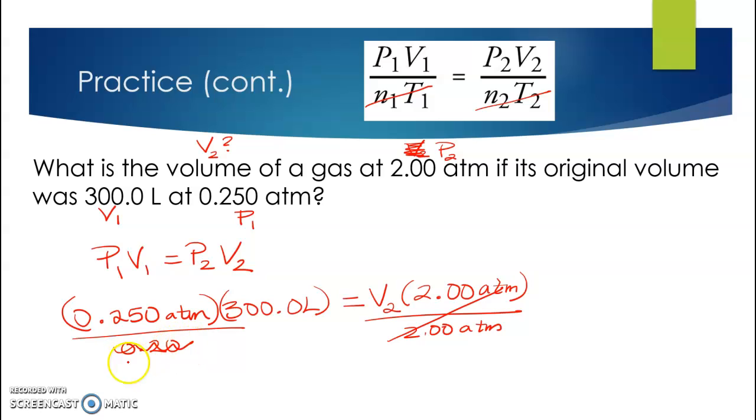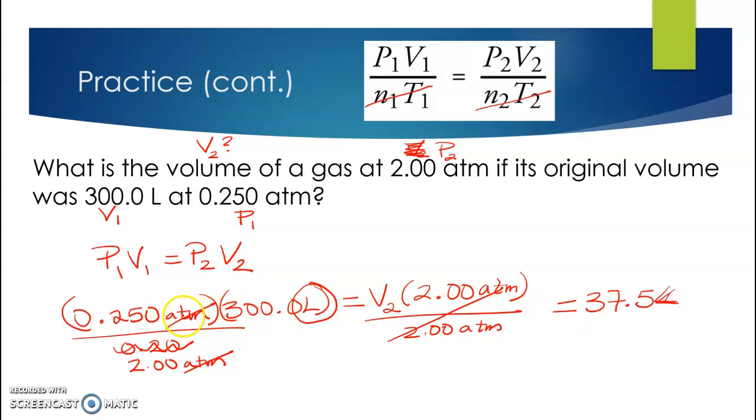I like to keep my units because it helps me make sure I'm doing it right, because the ones I don't want should divide out and I should be left with the one I'm interested in. So when I plug that into my calculator, I get 37.5. Let me double check though. 37.5 liters. Sorry, that's an L.